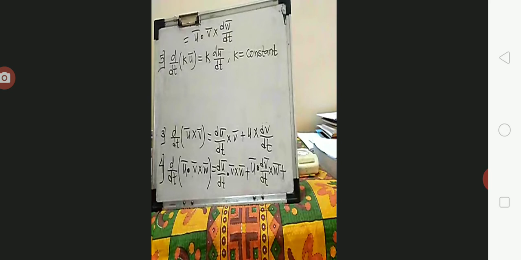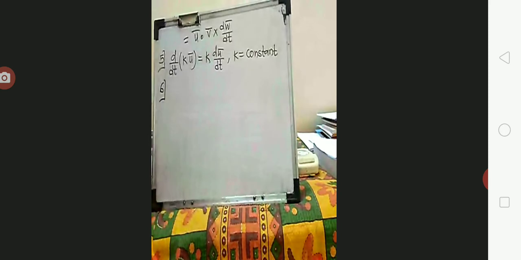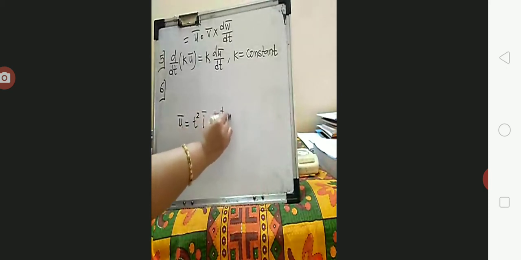Now the next one is, if I say some scalar function is multiplied by the vector. For example, say u bar is t square i bar plus e raised to t z bar.